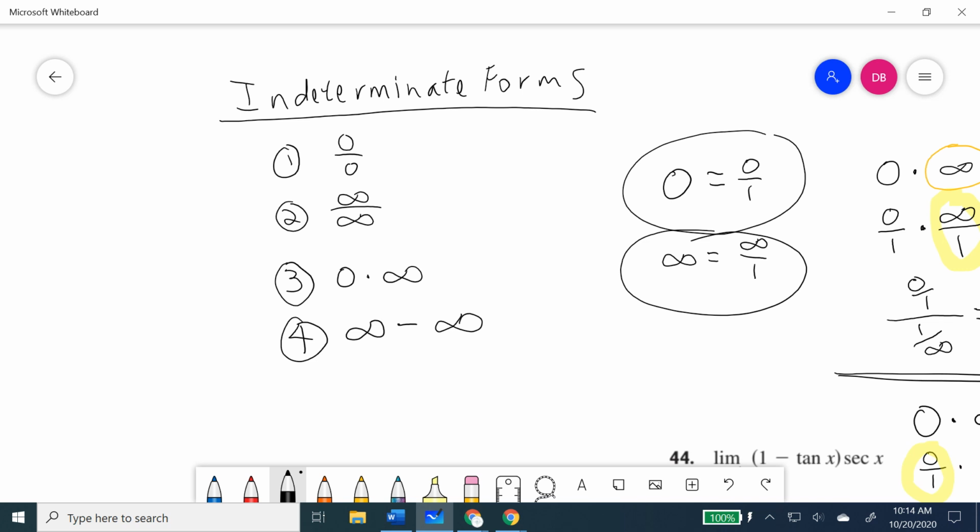I want to also point out to you that in the first 3 indeterminate forms, whether you're dealing with positive or negative on your infinities or on your zeros, it doesn't matter. It's still indeterminate form. But this particular one, the 4th one, it does matter whether it's positive or negative.